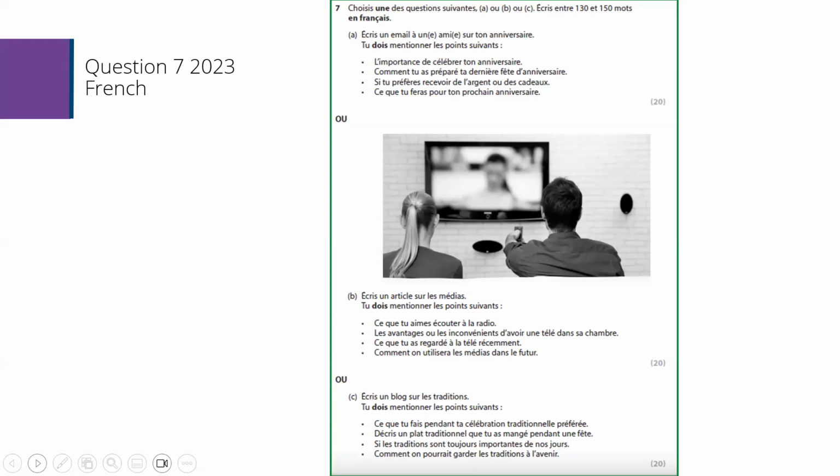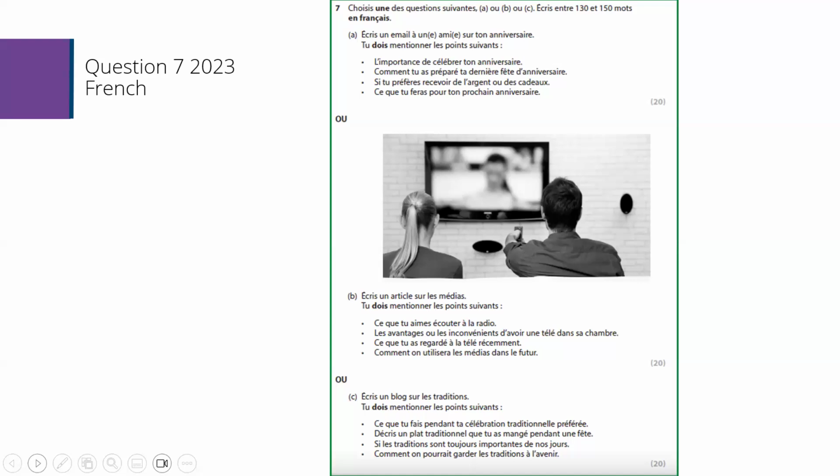What you do during your favorite traditional celebration. Describe a traditional dish that you ate during a celebration. If traditions are always important these days, and how one might keep traditions alive in the future.